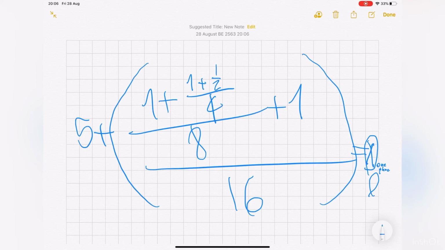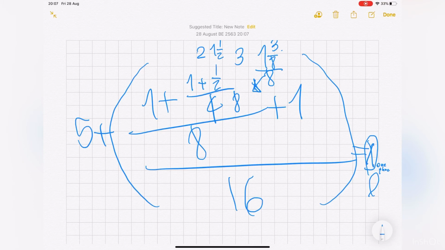Now we have to do it from the top first. 2 plus 1 equals 3, and this is 8. So 3 over 8, then divided by 8.